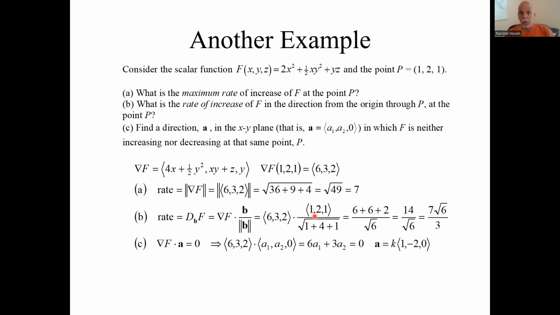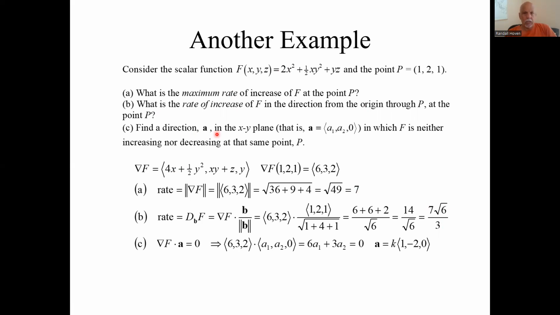I need to normalize that vector, which will be divided by the square root of 1 plus 4 plus 1. Do that bit of arithmetic, and here is the answer to part B. Rate of increase of f in a given direction. This answer must never be more than this answer. Can't be more than the maximum.